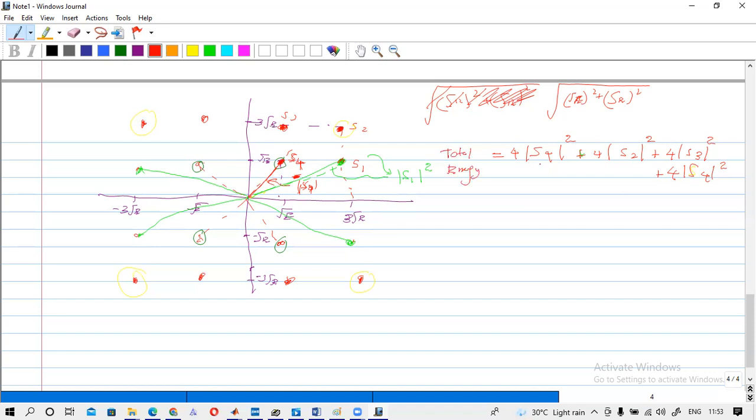So what is the average energy? To find the average symbol energy, I have to divide this by 16, because I have 16 points. So I divide this by 16, and all these 4s cancel out.